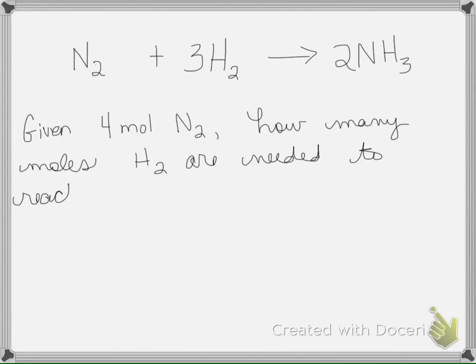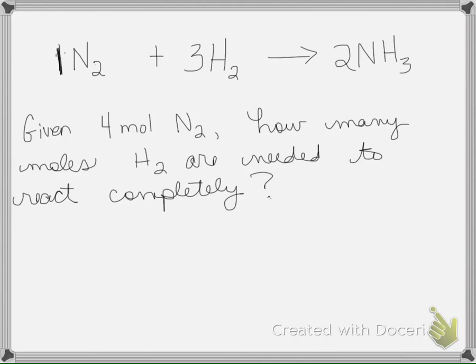Yep. How do you come up with 12? Okay? I started with 1 nitrogen, and the problem's given me 4, so it's 4 times what I started with, right? So likewise, I need to multiply this one by 4.